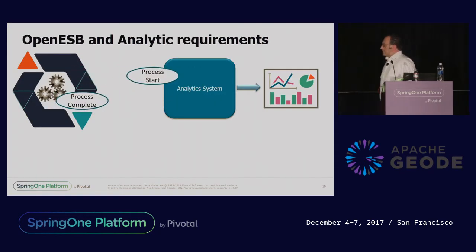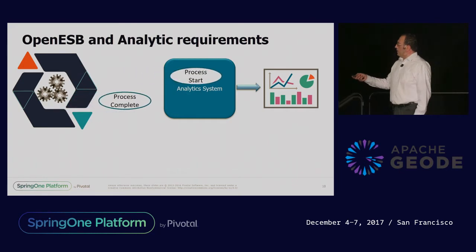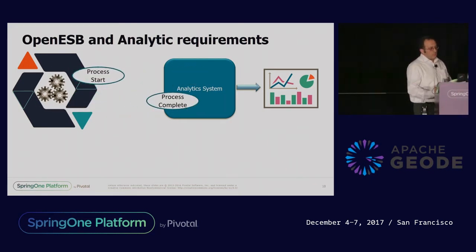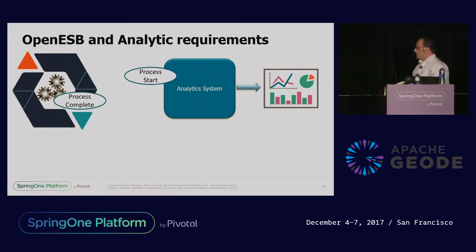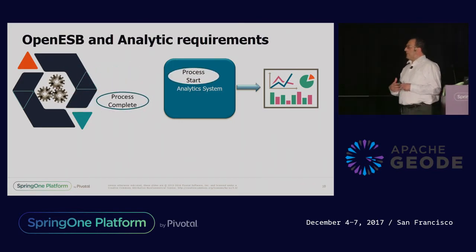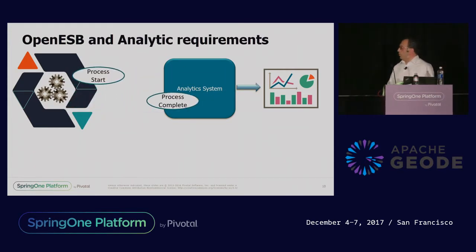So in that case, you see that we have what we call our business engine. Our business engine generates events when your process starts, when it's complete, when it's in fault, when an activity in the process starts, when the activity stops, and so on.